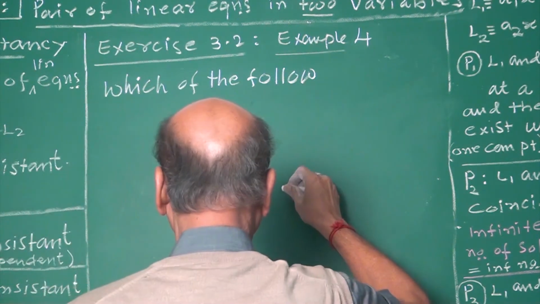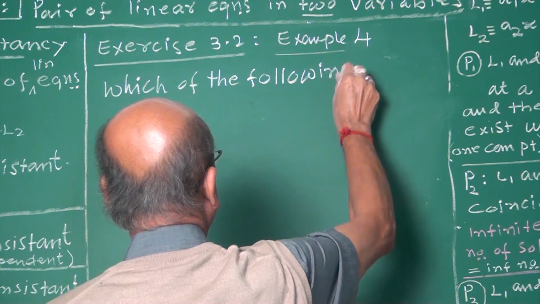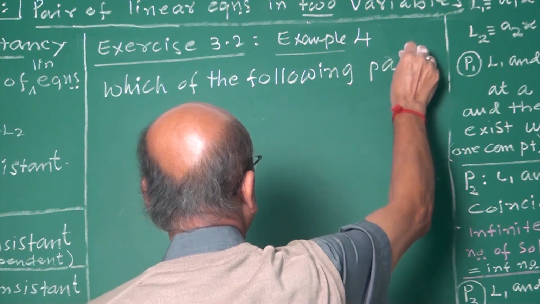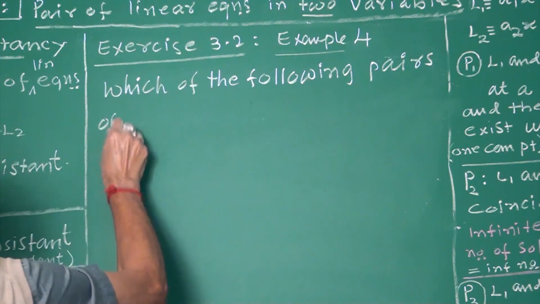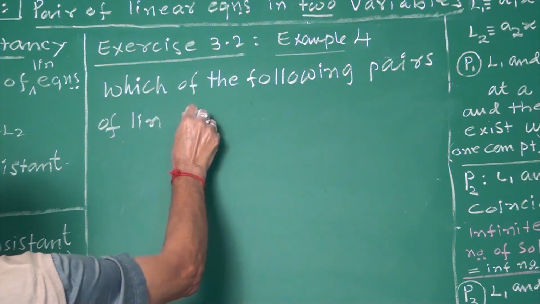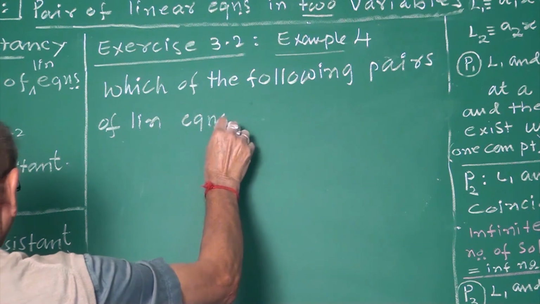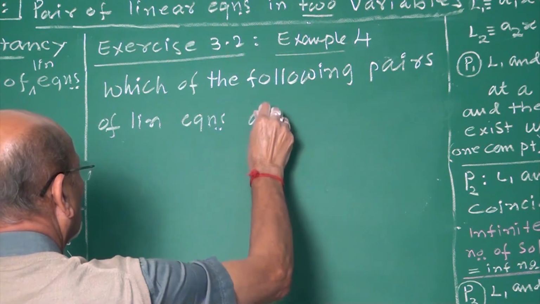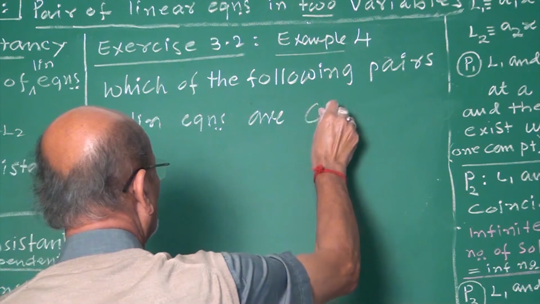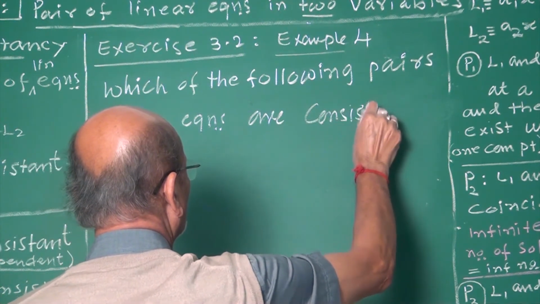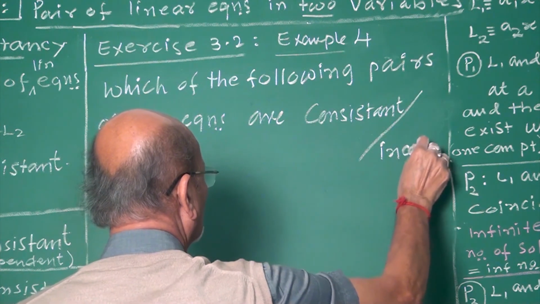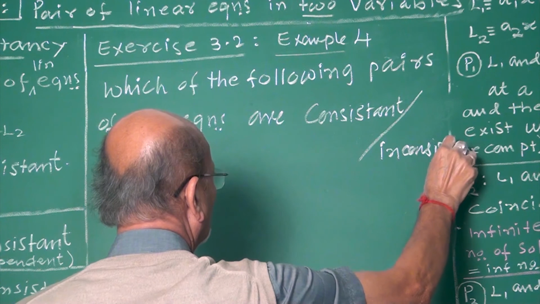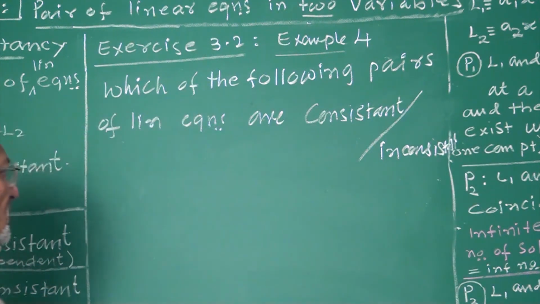Which of the following pairs of linear equations are consistent or inconsistent?